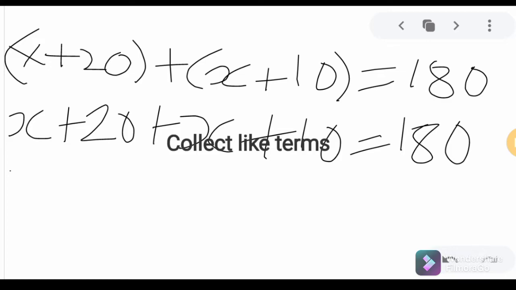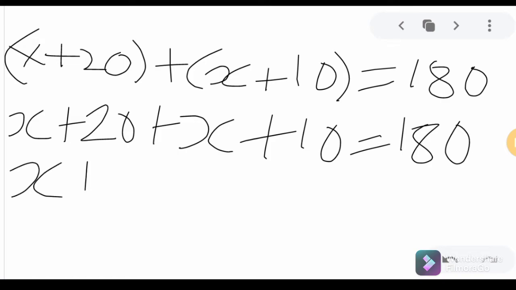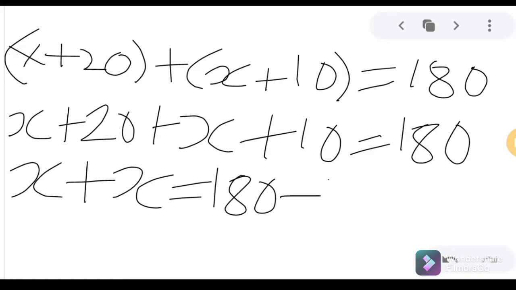So if we collect our like terms, putting similar terms on the same side, we put the letters in one corner and the numbers on the other side. We're going to have x plus x, since they are both letters, equals 180 minus 10 minus 20.